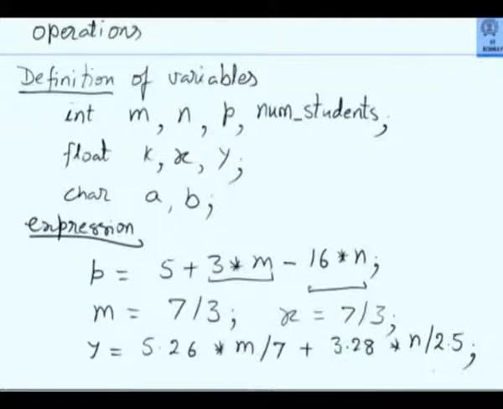So this will be evaluated first, because this is left to right. Now notice that when you evaluate this, m is integer, 5.26 is floating point. So what will happen? M will be converted to floating point, will be multiplied by 5.26, and the result will be floating point. After that, the floating point result will be divided by 7.